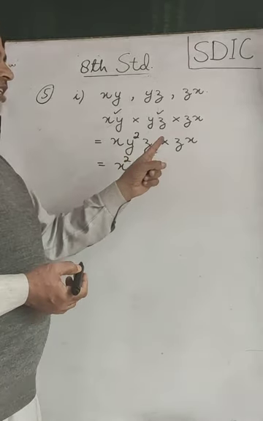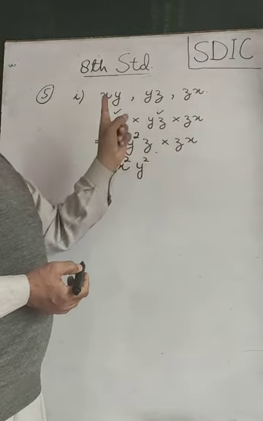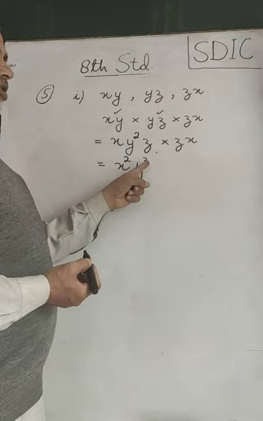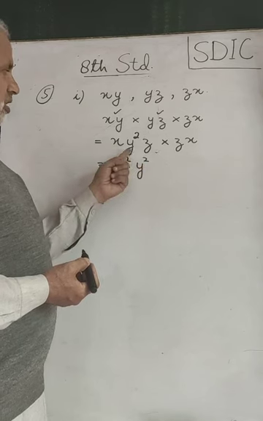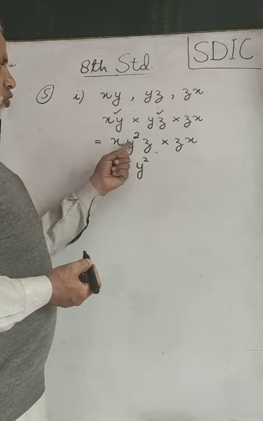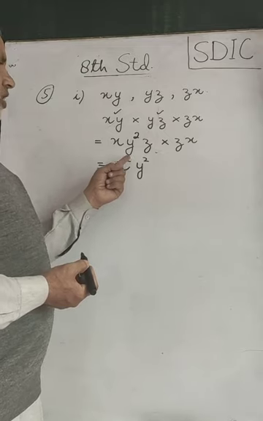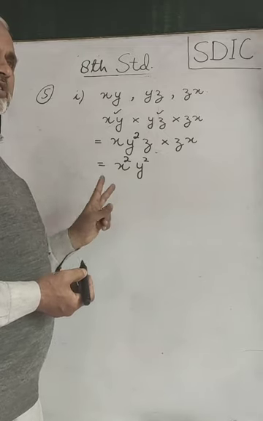We have already read anything raised power 0 is 1, so therefore that will not change the value. And then we can use the law to get y raised power 2. Since it remains the same, y raised power 2 was here also in the first polynomial. That is why we conclude in such a case that it does not change, it remains same.